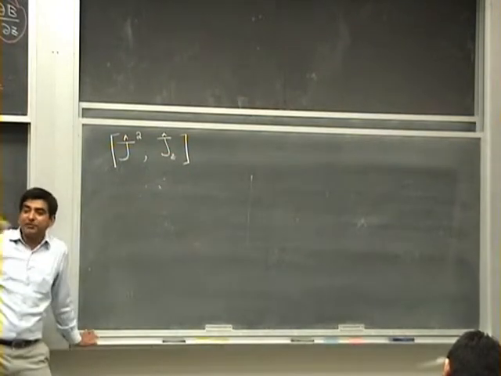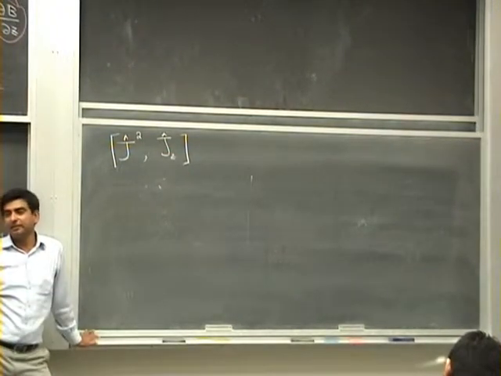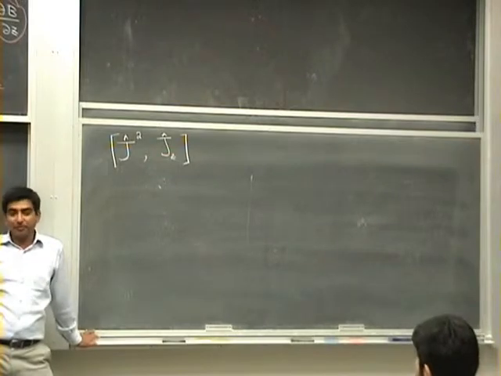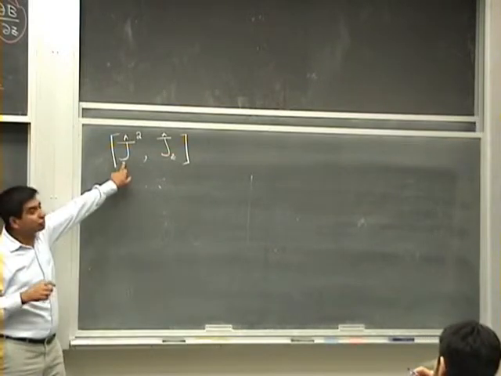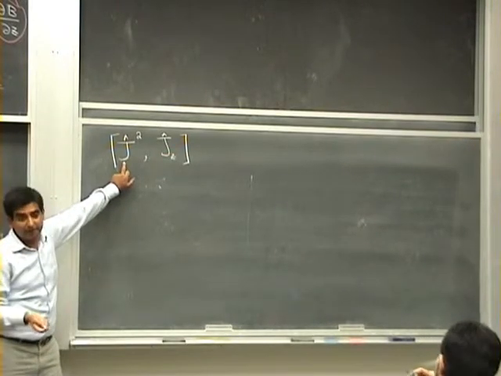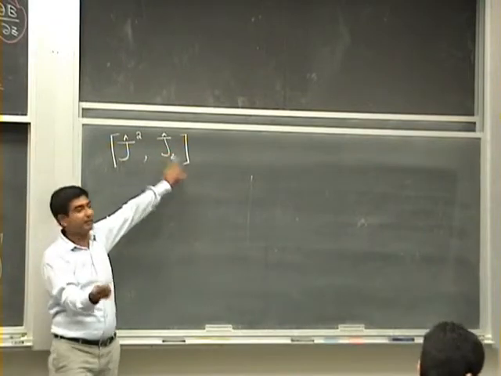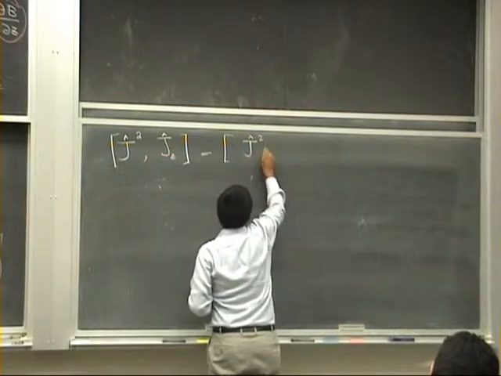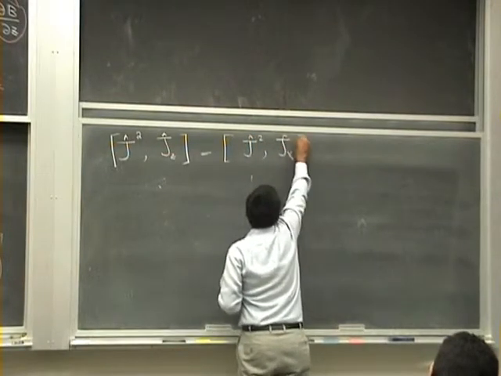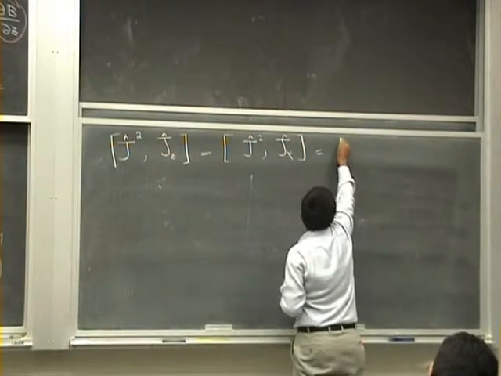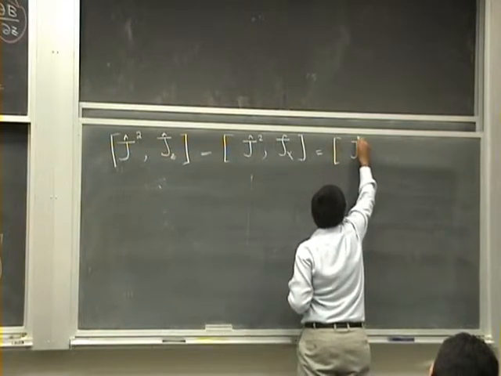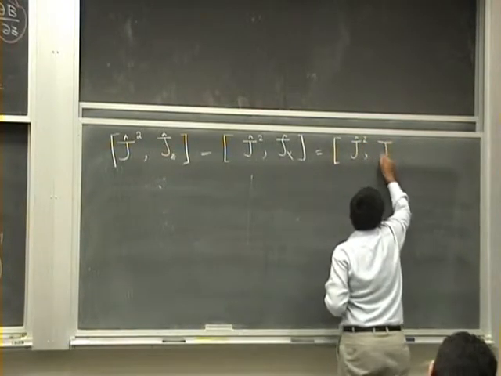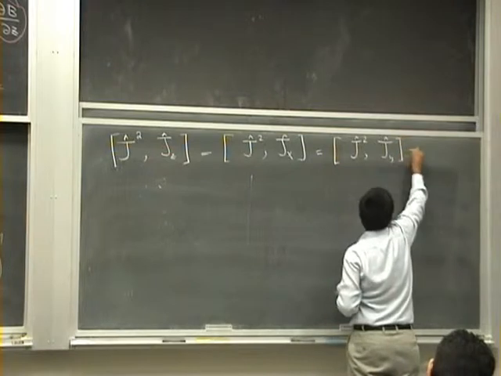Just as S squared commutes with Sz, likewise J squared commutes with Jz. So the total angular momentum squared commutes with any one component. It commutes with Jx, it commutes with Jy, right?